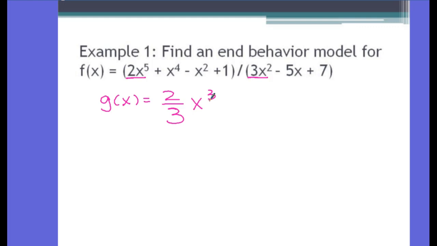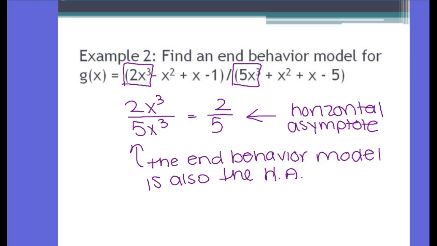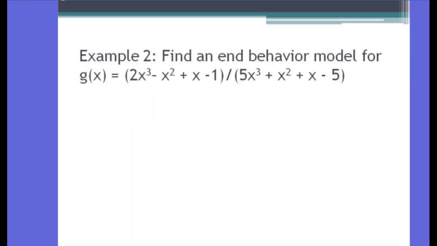If you need a hint, end behavior of polynomials will behave like the end behavior of their largest monomial division. So in this case, I took the biggest from the top and divided it by the biggest of the bottom to get the behavior. Okay?